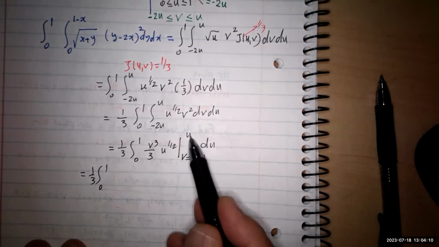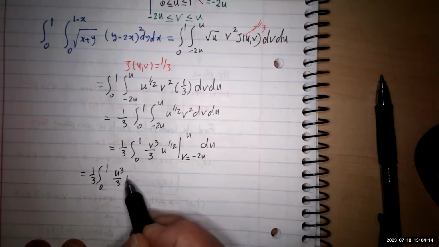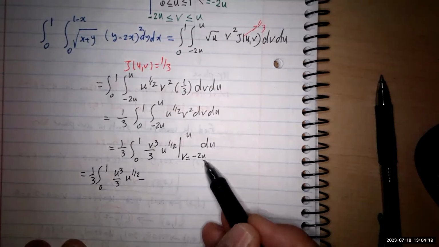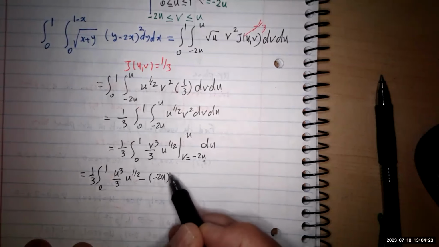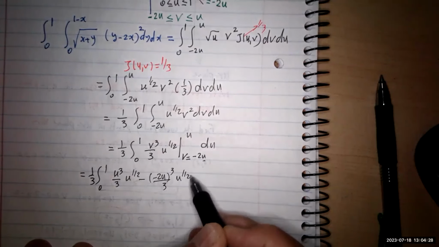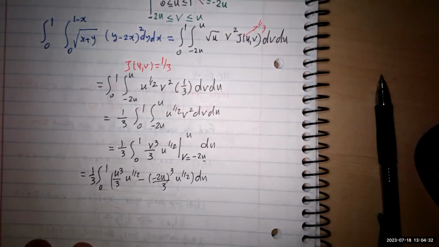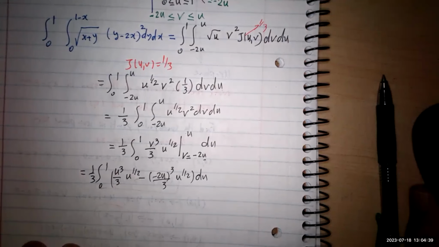If you put v, that gives you u cubed over 3, u times 1/2, minus -2u to the 3rd over 3, and the u to the 1/2, then the du. So let's see. You simplify to get these numbers.